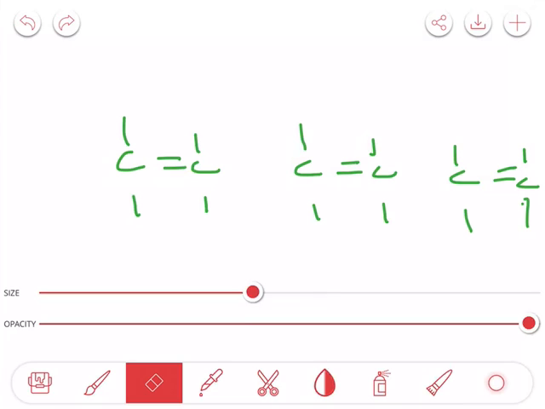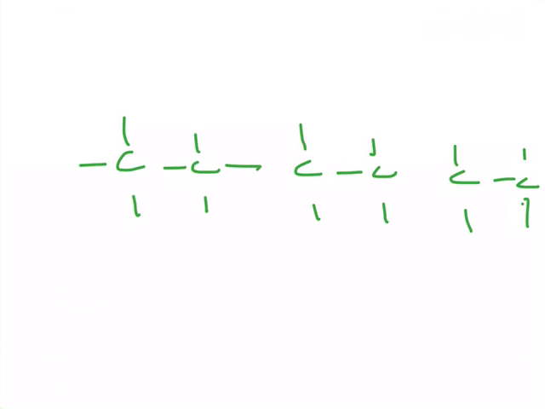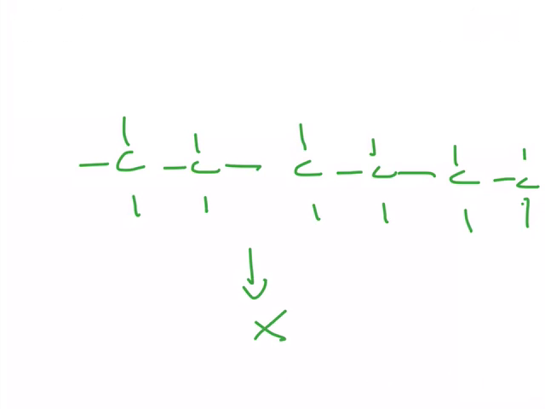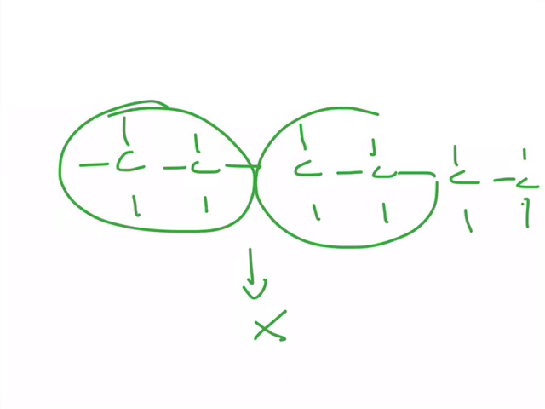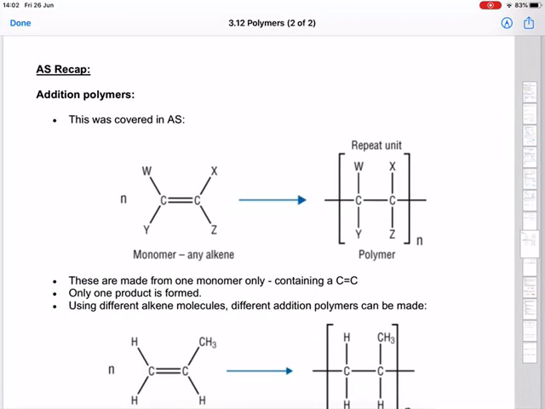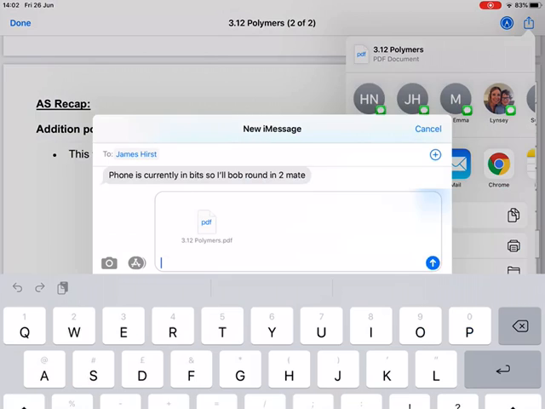And then what we do is we break one of the bonds all the way along, and then we join them all up, and there's nothing given off here. So basically what we're doing is we're adding that to that to that. So we call this addition polymerization, and whatever groups you've got coming off each carbon in the carbon-carbon double bond is what you're going to have in your repeat unit there. Now this is just a recap, hopefully you can remember this.